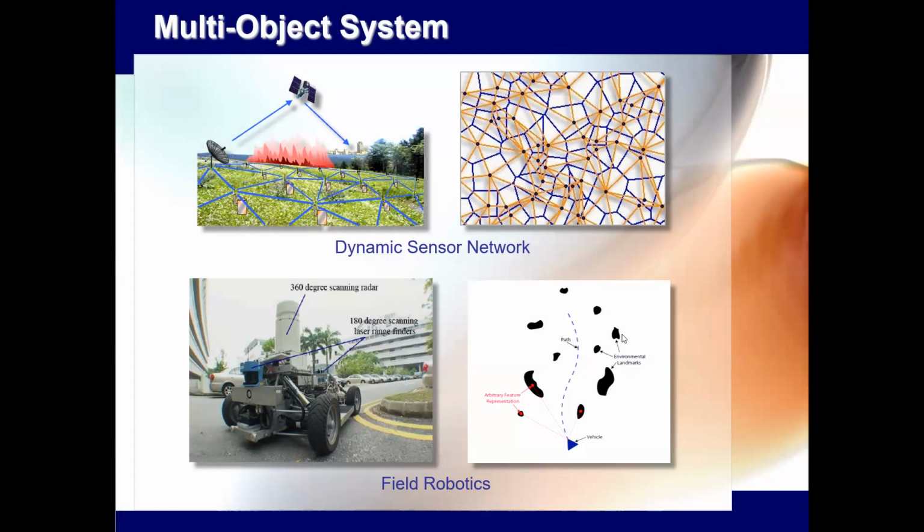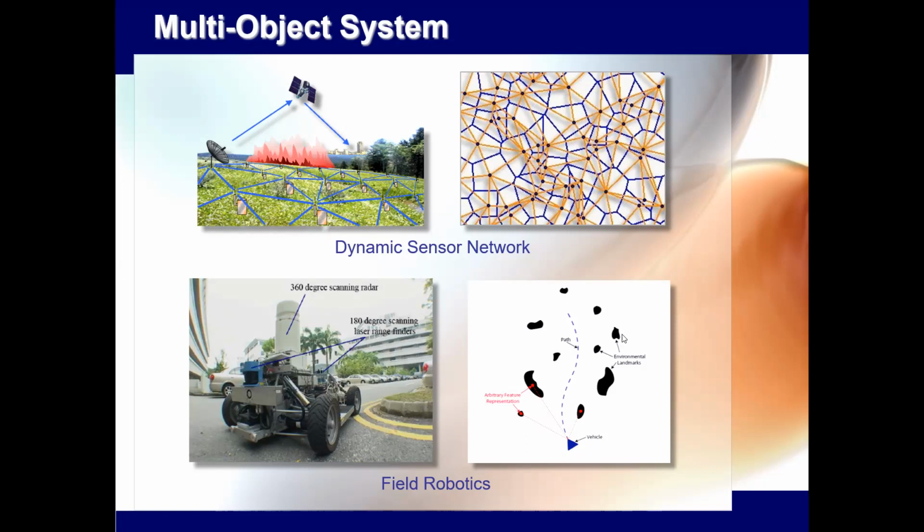And the other one at the bottom here is field robotics. The aim is to understand the environment of the robots. The robot is exploring some kind of territory and tries to understand the map, which here means static objects. If the robot knows the locations of the static objects, it will obtain a map.